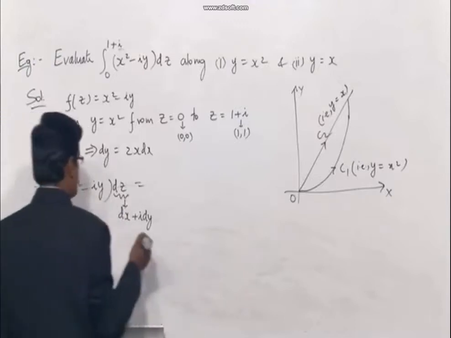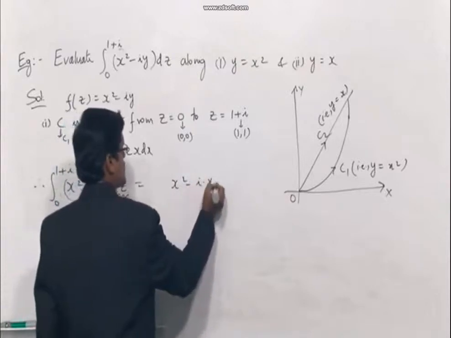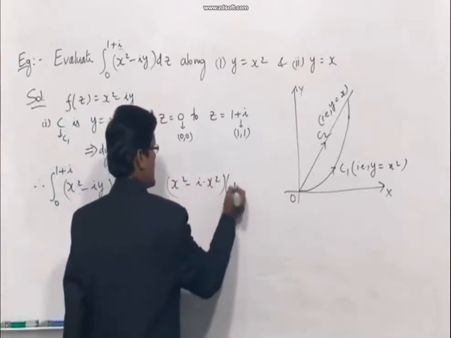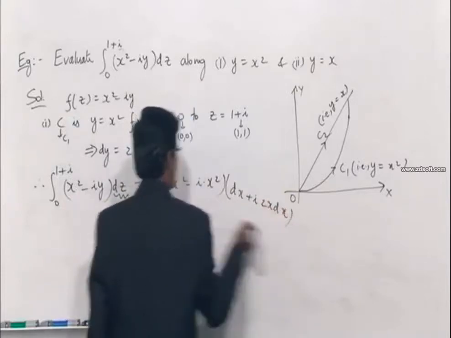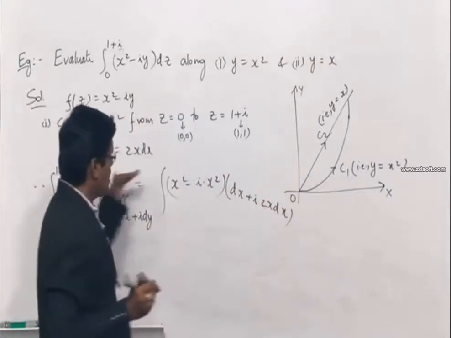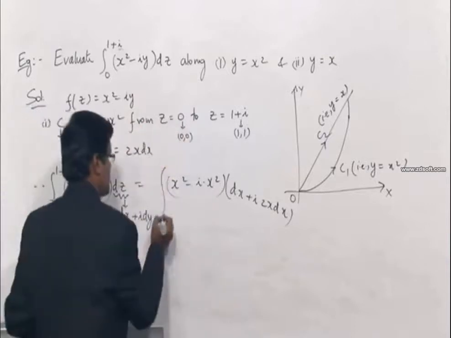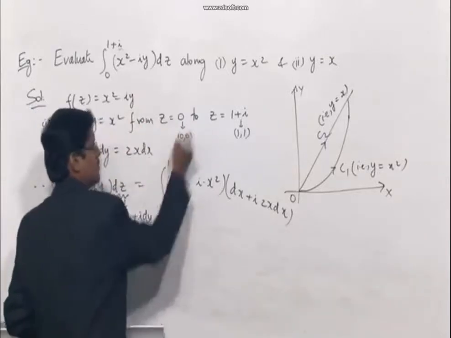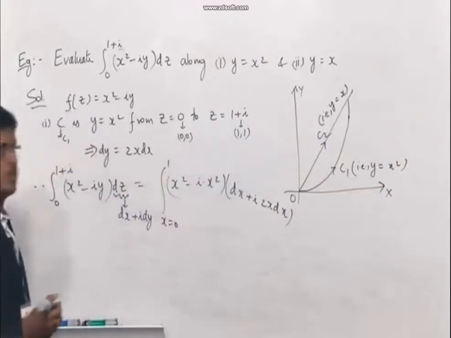So multiplication of these two gives, first of all, x square minus i into y is nothing but x square, dx plus i into dy is nothing but 2x dx. Because of this, it is converted into only one variable x. From these 2 points you write x limits, that is x is equal to 0 to 1. In these 2 points x lower limit 0, x upper limit is 1.